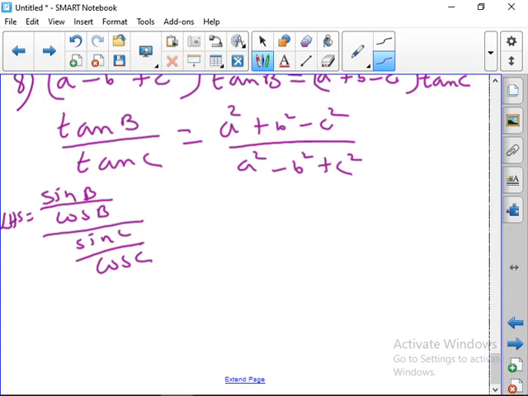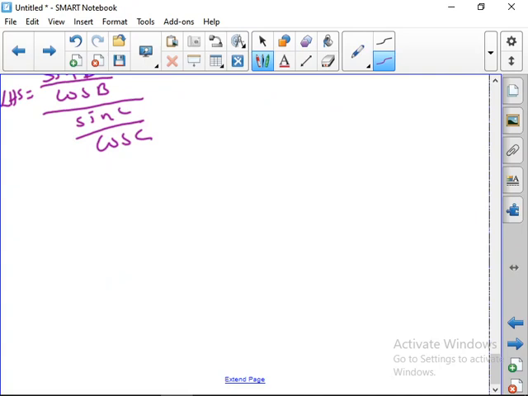Is it clear? Okay, now coming to the last question, that is the 11th one. So 11th question, derive projection formula from law of sines. Okay, we have to derive projection formula.